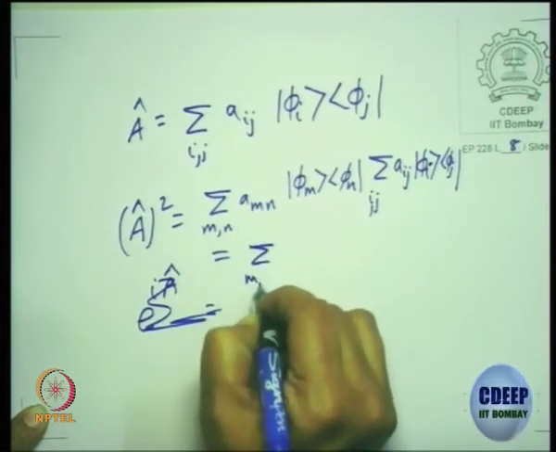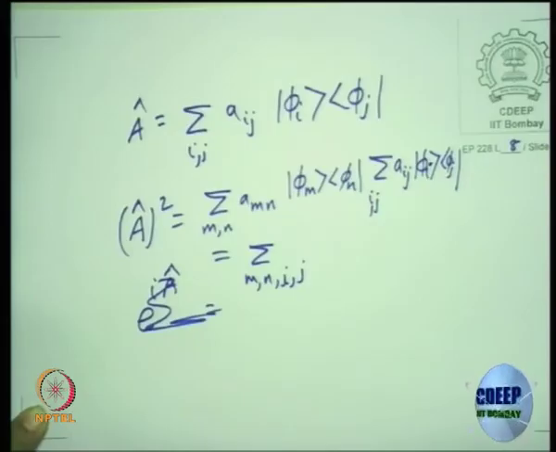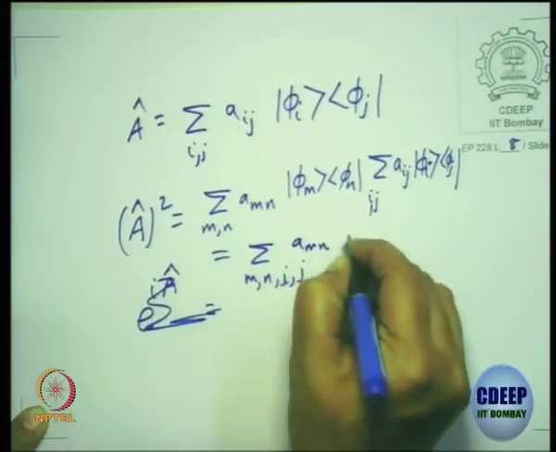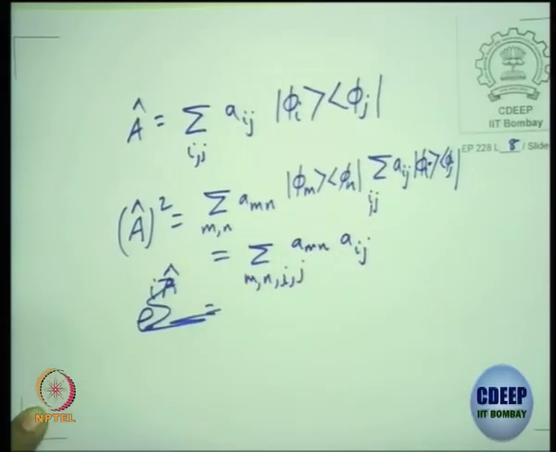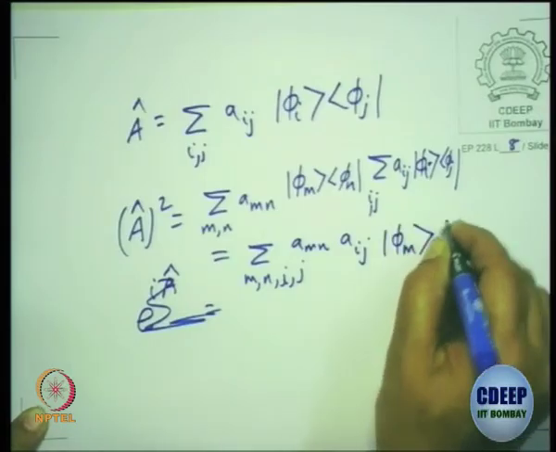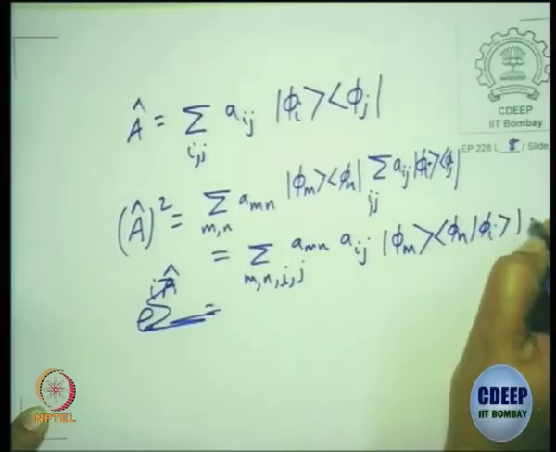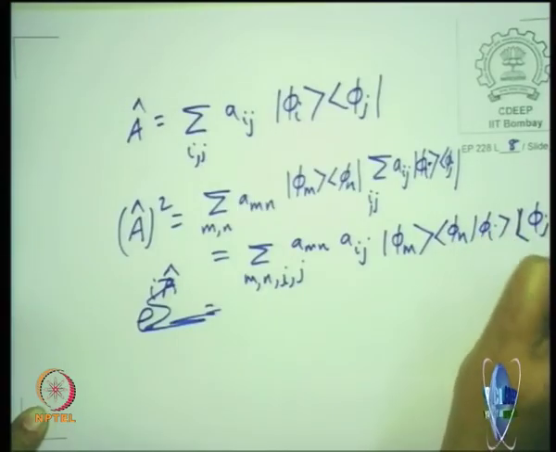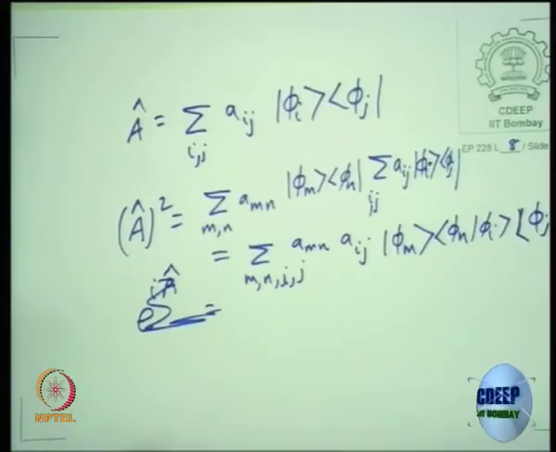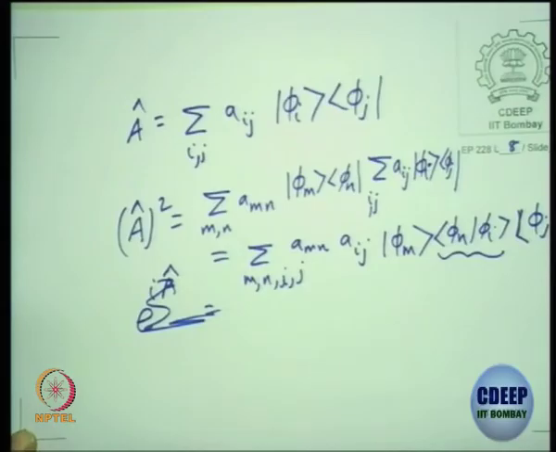Summation over m, n, i, j, take all the scalars out, and then what do we have? |phi_m><phi_n|phi_i><phi_j|. What is this? It's delta ni.